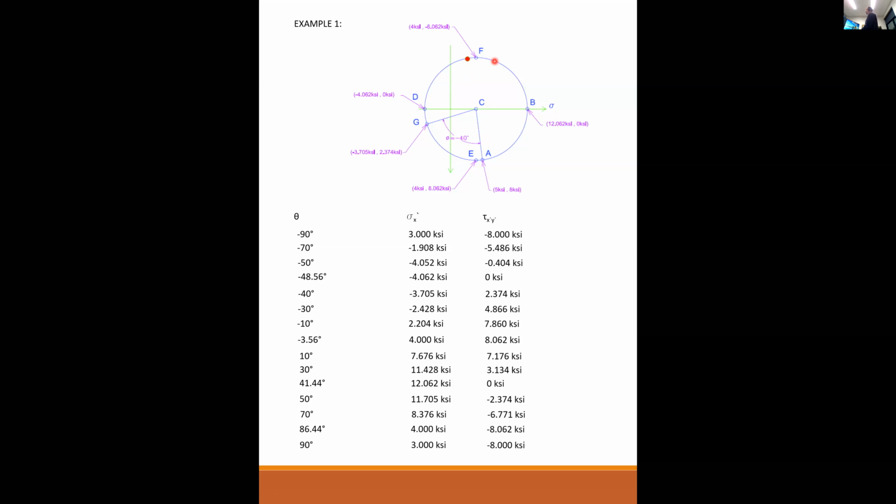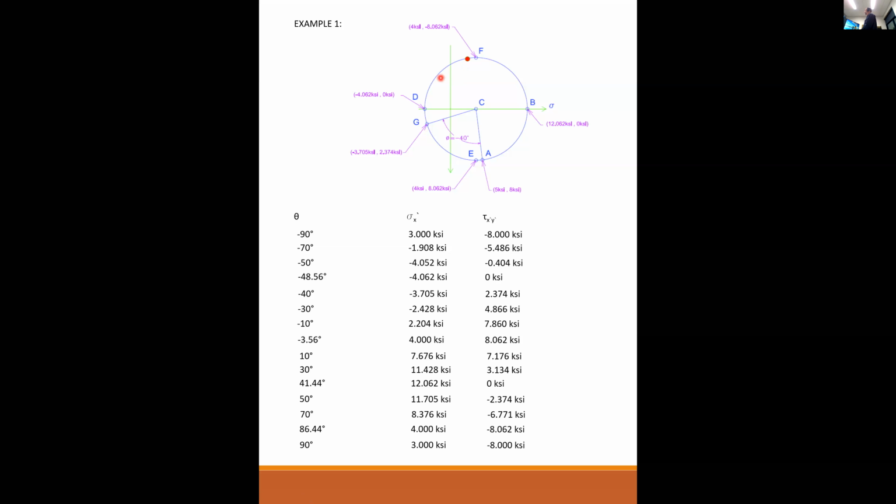But they also have the same tau values since it's both negative at the top? No. Okay, minus 70 is about right here. Yeah, so minus 1.9 to the left, minus 5.5 up, rounding up.